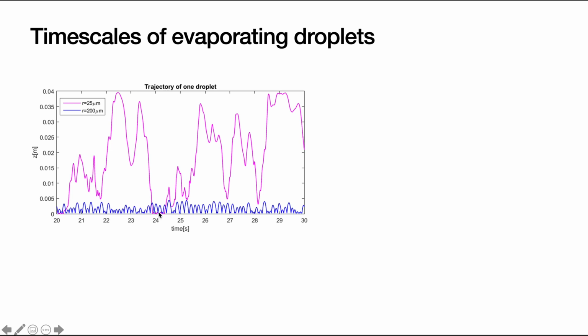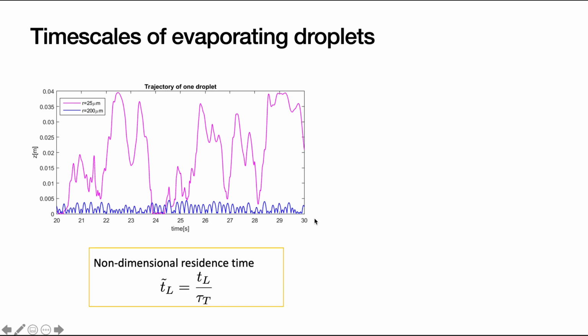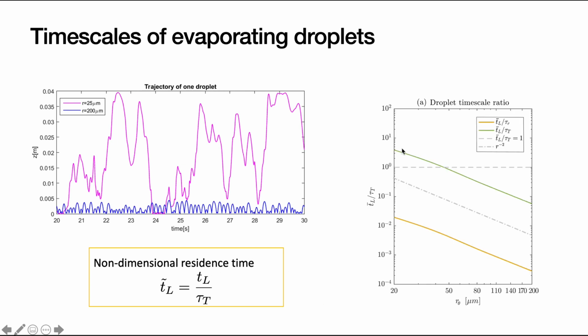And if we plot the droplet timescale ratio, the green solid line represents what we call non-dimensional residence time. For 25 microns, it's about 1, and for 200 microns, it's way below 1. So that means we have this kind of separation.